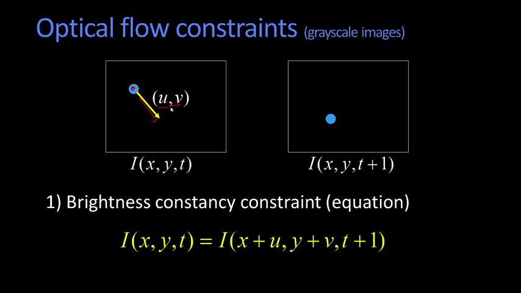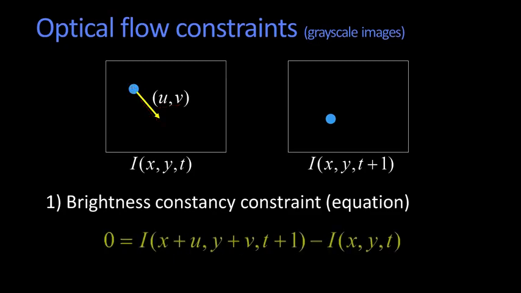I(x, y, t), that is the image at time t at location (x, y), brightness if it's grayscale, color if it's color, is going to be the same at t plus 1 at location (x plus u, y plus v), where u and v are the amount the point has moved in the x direction and the y direction respectively. That's called the brightness constancy constraint, and in fact I can rewrite it like this: 0 is equal to the image I(x plus u, y plus v, t plus 1) minus the original I(x, y, t). That's the brightness constancy constraint.